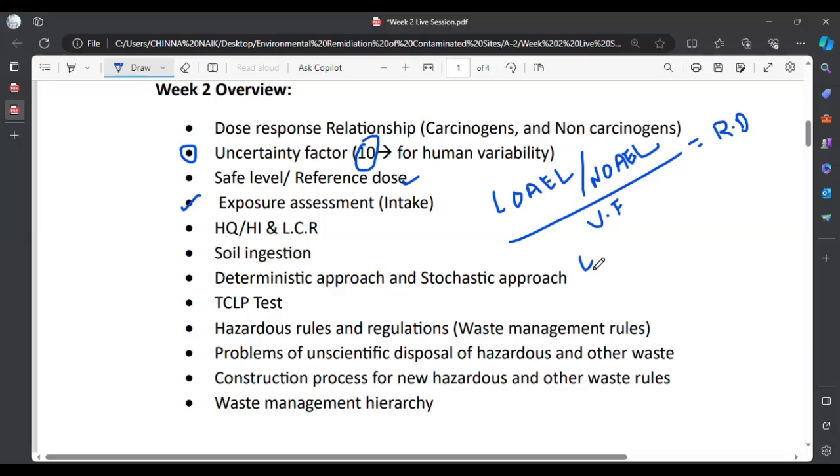For calculating exposure, we need intensity multiplied by frequency multiplied by duration. These three parameters represent how much, how often, and how long.